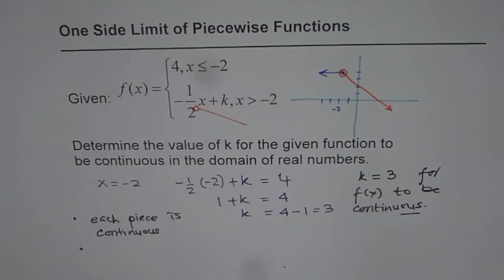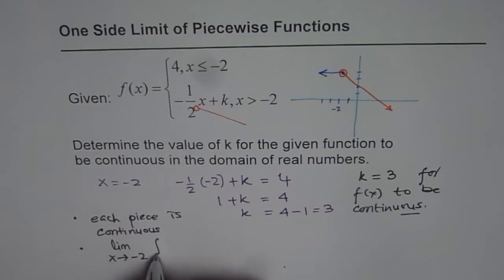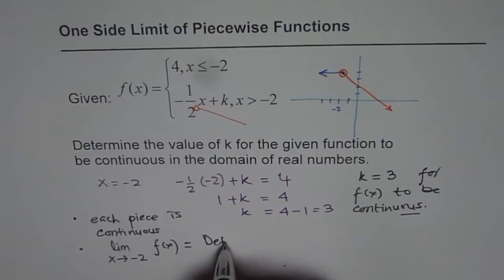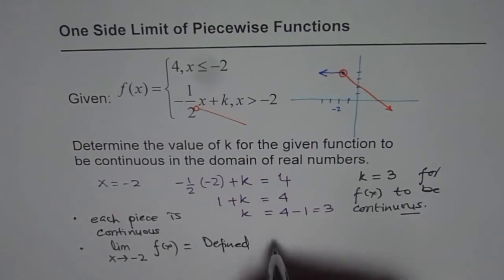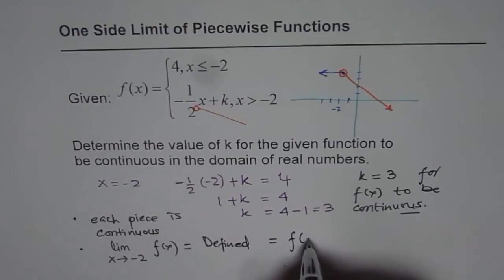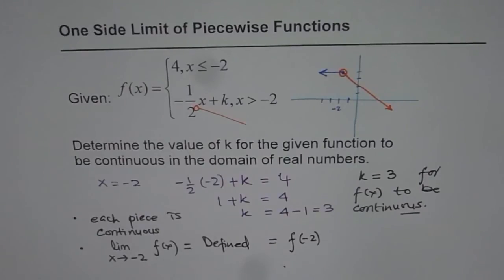The other way of putting this is that if the limit of the function as x approaches minus 2 from either side is defined and is also equal to the value of the function at that point, in this case minus 2, then the function given to us is continuous. So that really gives us the concept of continuity of a piecewise function.